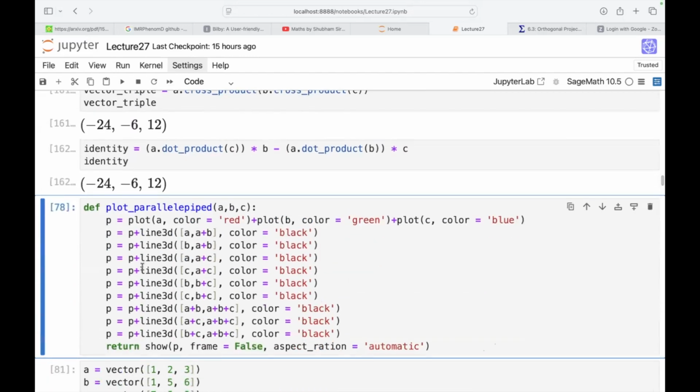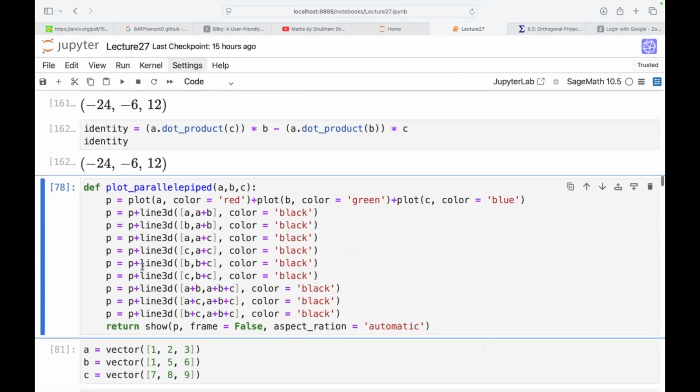And also we plot the parallelepiped for any three vectors A, B, C. For the plot, I have given the A vector the color red, the B vector green, and the C vector blue, and Line3D is used for plotting.